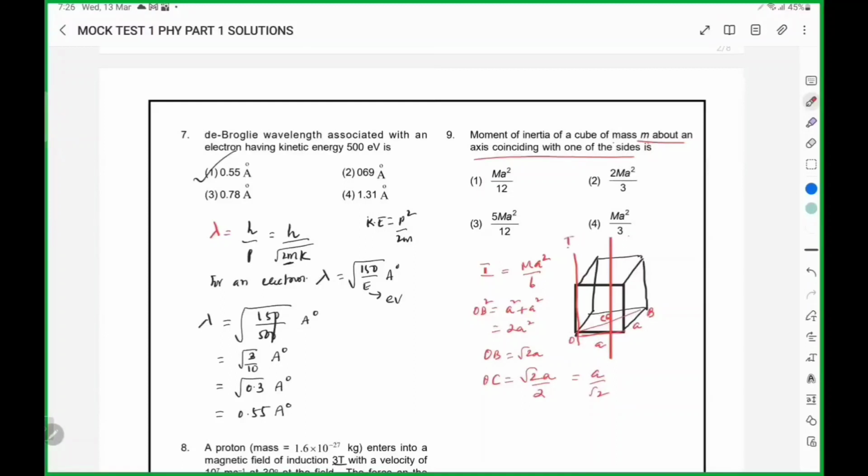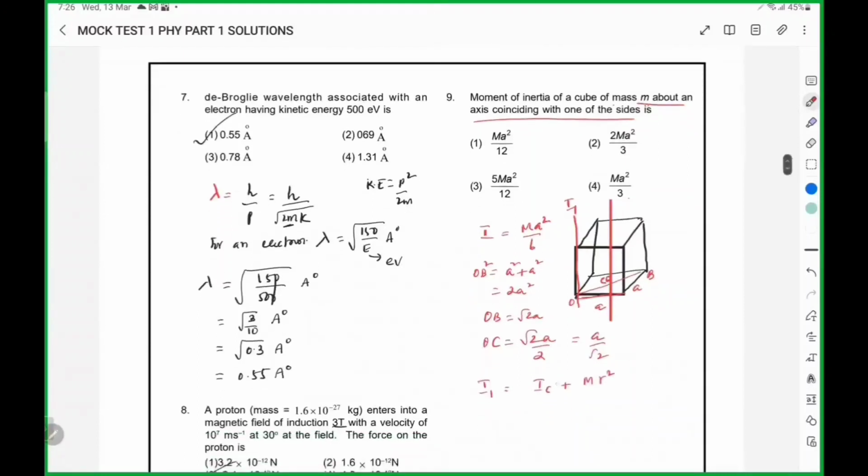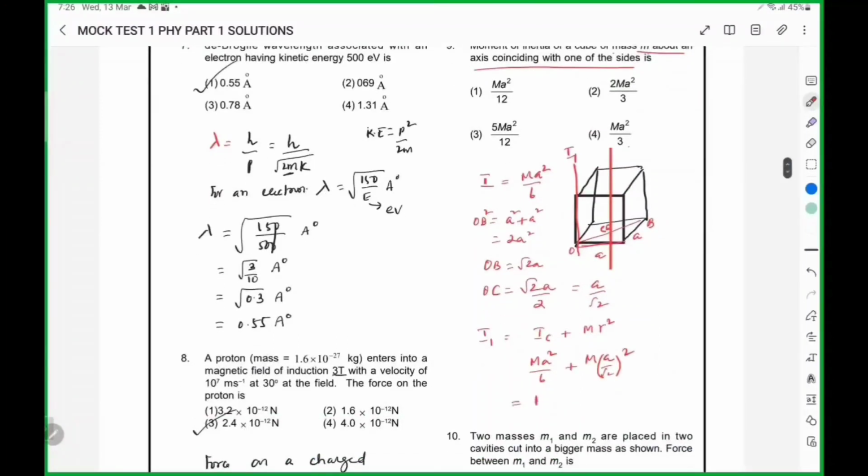So about this, I1 will be IC plus MR square. IC here is Ma square by 6 plus M a by root 2 whole square. Ma square by 6 plus Ma square by 2, 4 Ma square by 6. And we get 2 Ma square by 3.